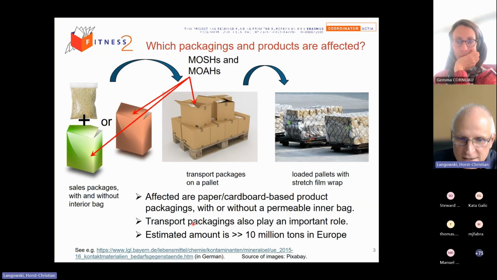We also have the transport packagings, and their contamination may also be transferred into the products. This is also very important. And in total, we are talking about much more than 10 million tons of recycled paper, which is affected by these considerations in Europe.